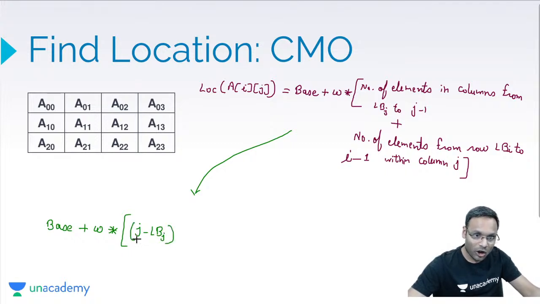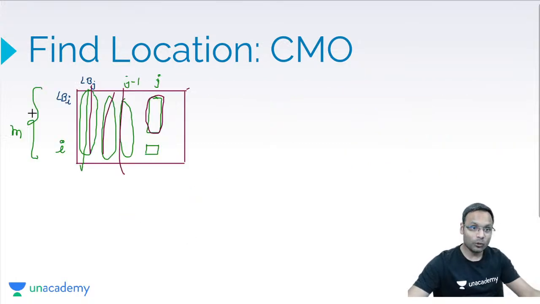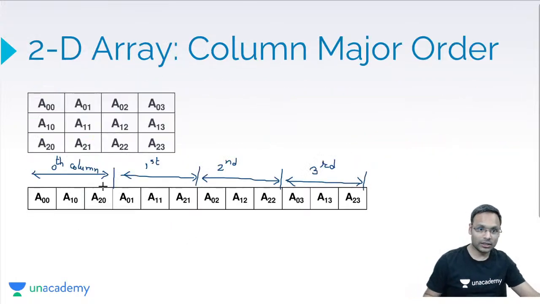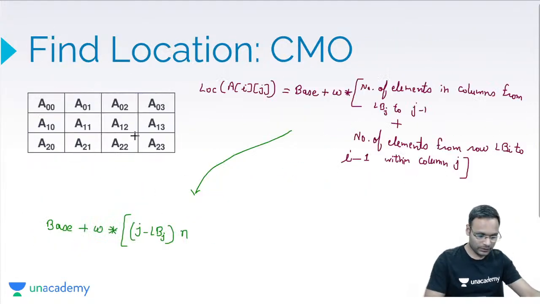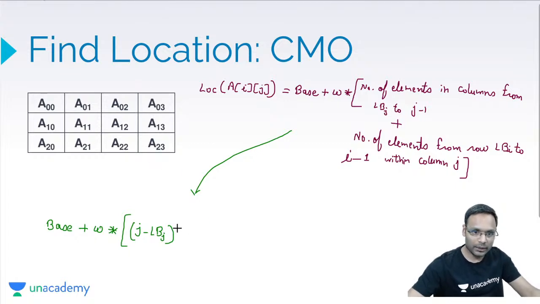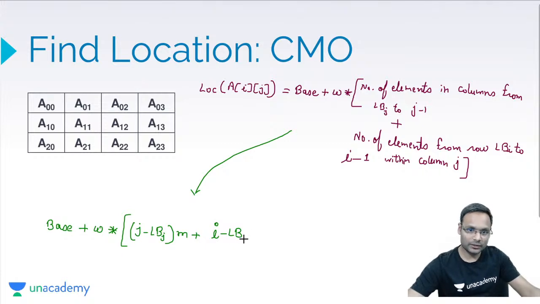Now, each column has m number of elements, plus I minus lower bound of I. These many elements are there within the column number j.